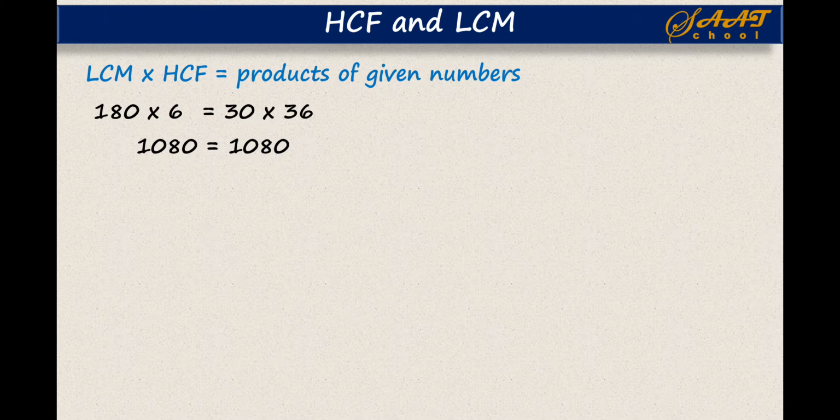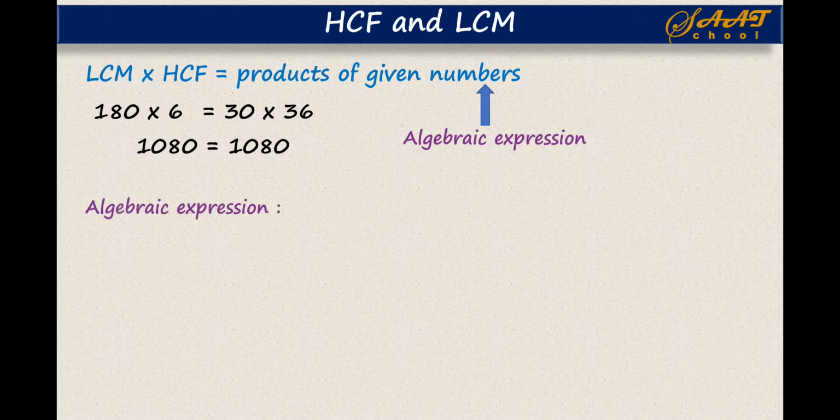In this course, we are not going to find HCF and LCM of numbers. Rather, we will deal with algebraic expressions. Now, here are some examples of algebraic expressions. 4x plus 7, 3x plus 2y minus 10, a square minus 12a plus 35. In these algebraic expressions, we have x, y, a as variables and 10, 7, 35 as constants.